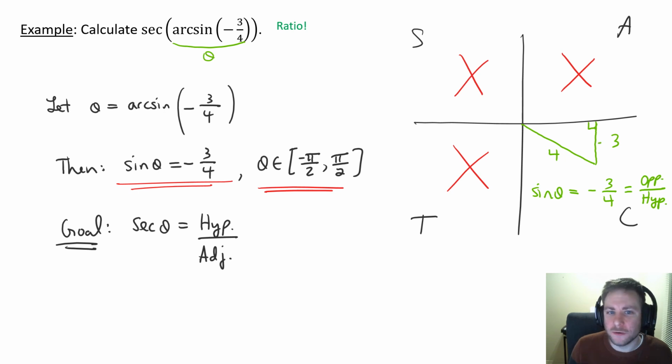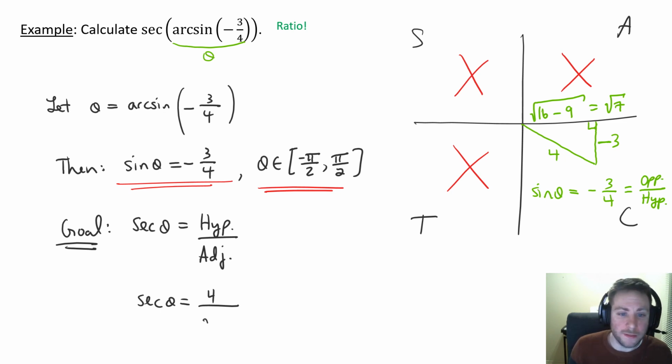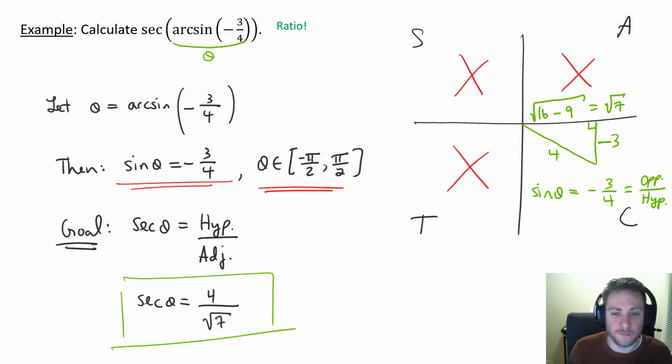Technically speaking, though, the opposite side should be labeled as -3, since the y values in this quadrant are all negative after all. With this, we know the hypotenuse is 4, but what about the adjacent side? For that, you can look back to the diagram and apply the Pythagorean theorem to find that side has a length of √7, and that's all we need for calculating the secant of theta, and that completes the problem.